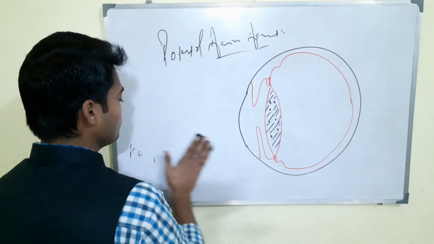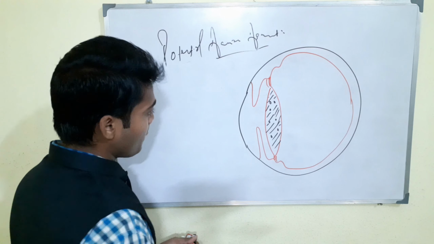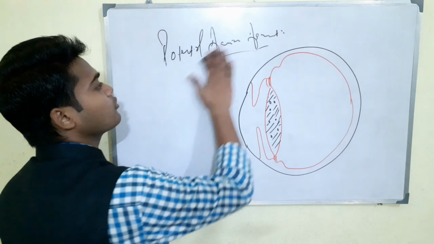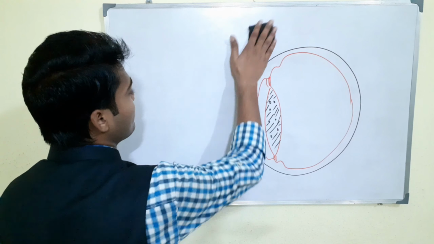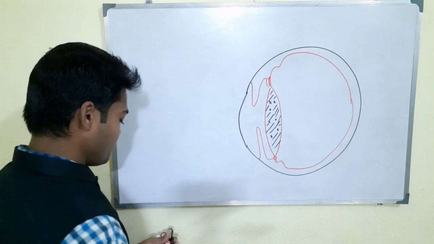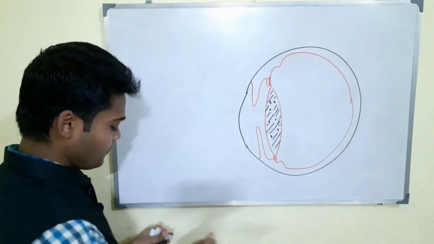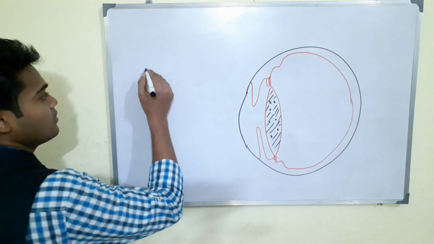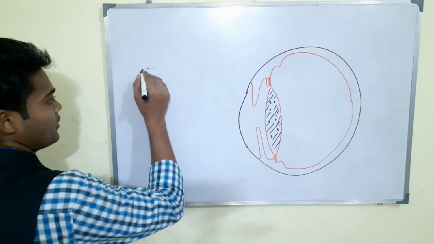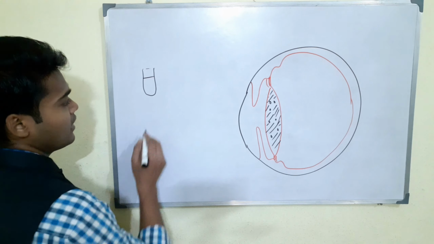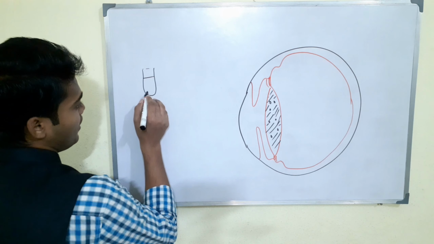I will give you the diagrammatic presentation of the potential acuity meter, and then show you how we use all these things at a time. Suppose this is an eye. In the potential acuity meter there is a bulb, and it defines the aperture.